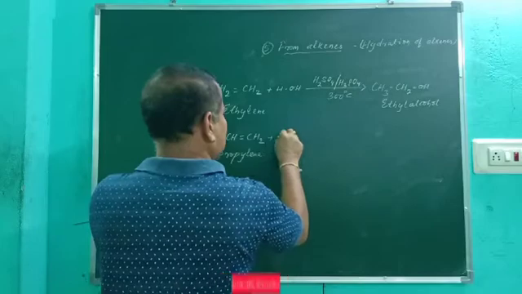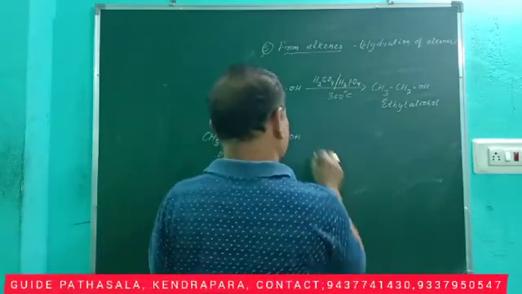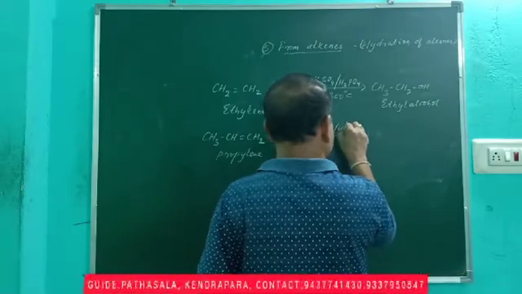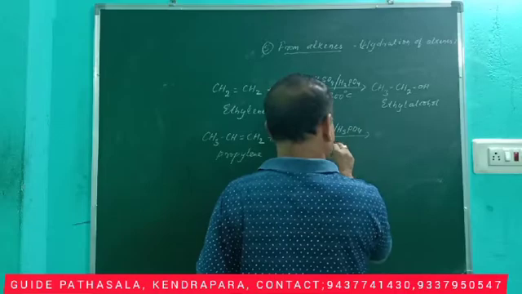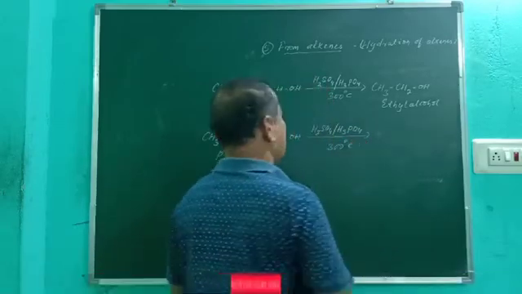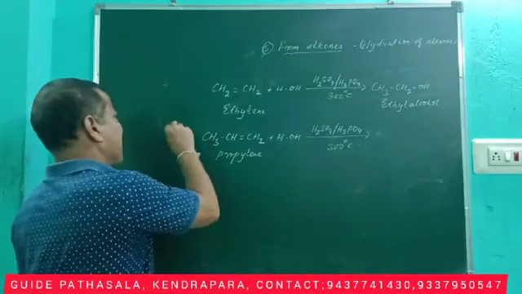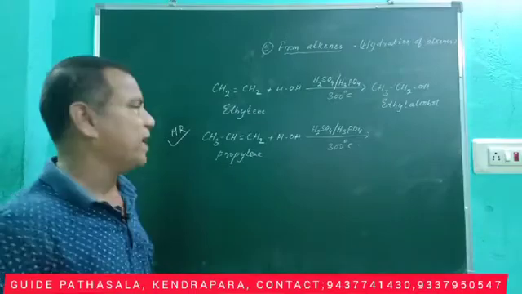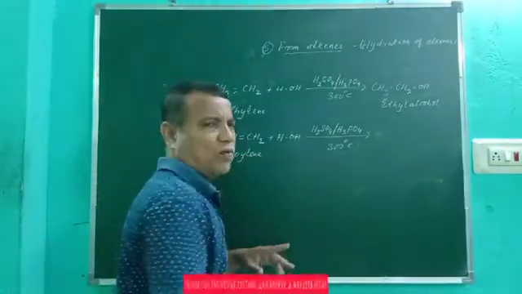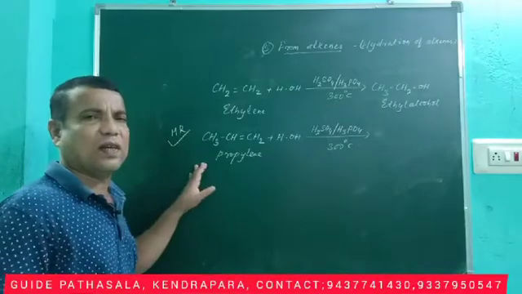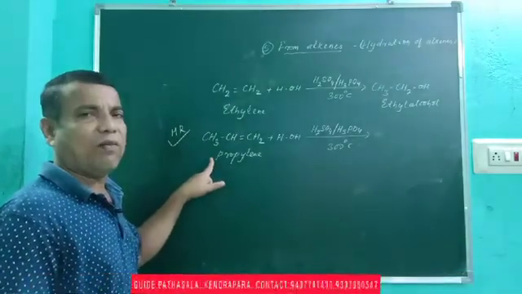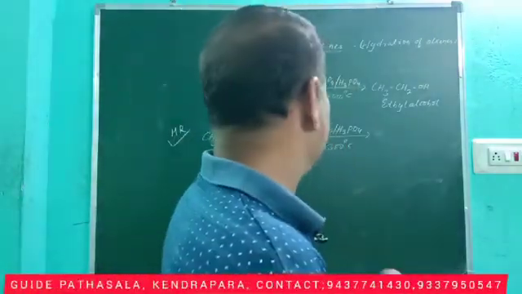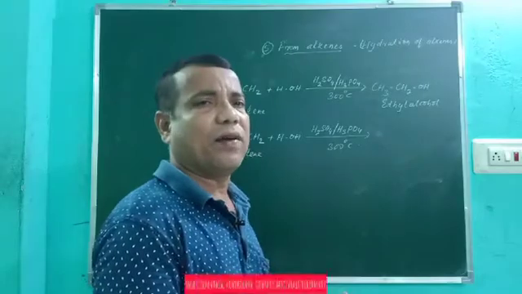When it is hydrolyzed, HOH, in the presence of sulfuric acid, H2SO4, or phosphoric acid, H3PO4, carried out at 300 degrees centigrade, Markovnikov's rule is strictly followed, as propylene is an unsymmetrical compound. According to Markovnikov's rule, whenever an addition reaction takes place in an unsymmetrical compound, the negative part of the addendum will go to that carbon atom which contains the least number of hydrogen atoms.